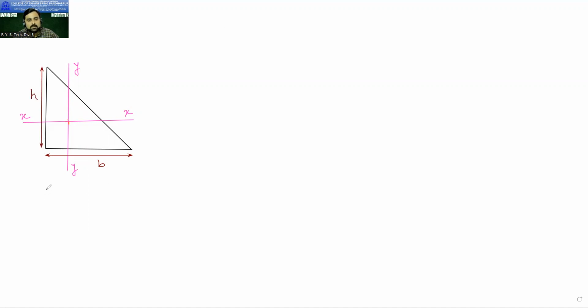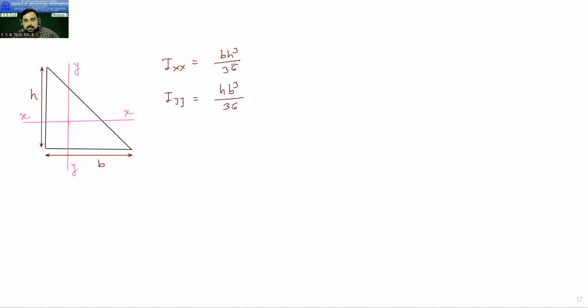So the formula for Ixx and Iyy: for Ixx, it is bh cube by 36. And for Iyy, it is hb cube by 36.